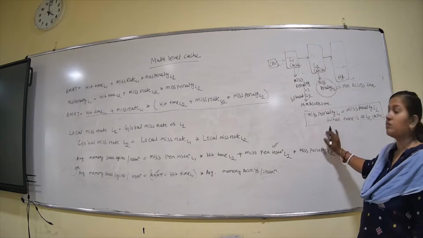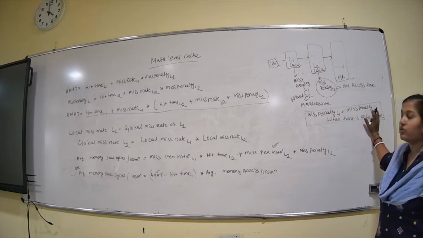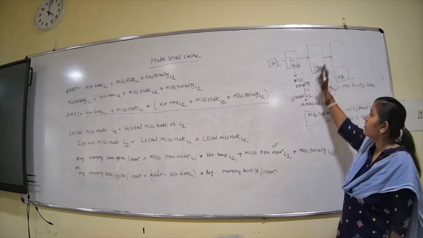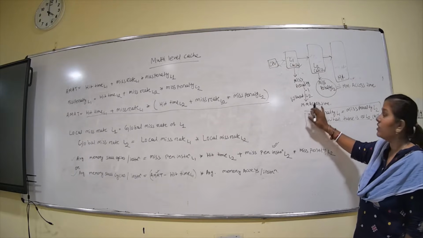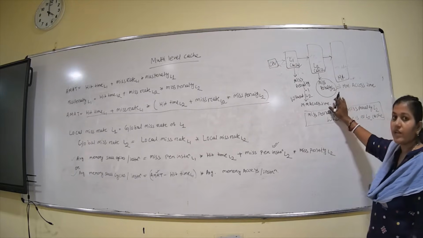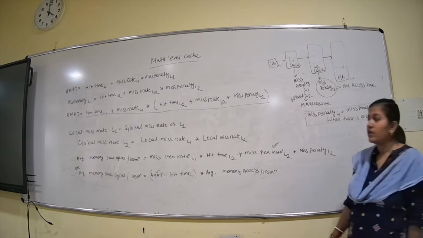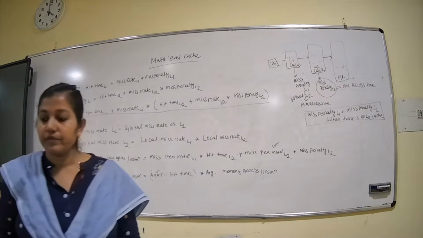What is the meaning of this? The miss penalty of L1 is equal to the miss penalty of L2 when there is no L2. If L2 is not there, then the miss penalty of L1 is the main memory access time, which is the miss penalty of L2. So we should use this one.